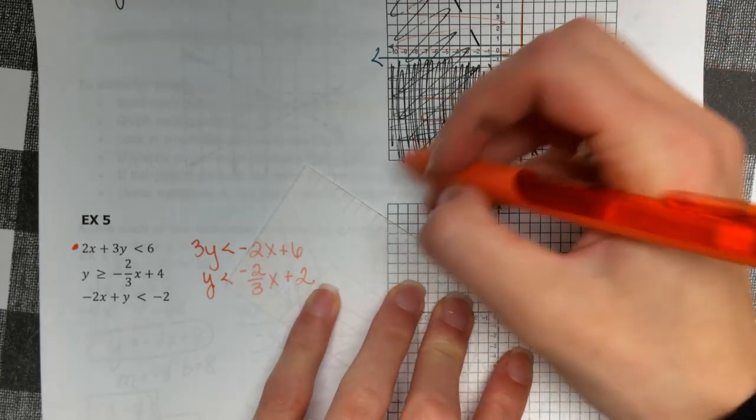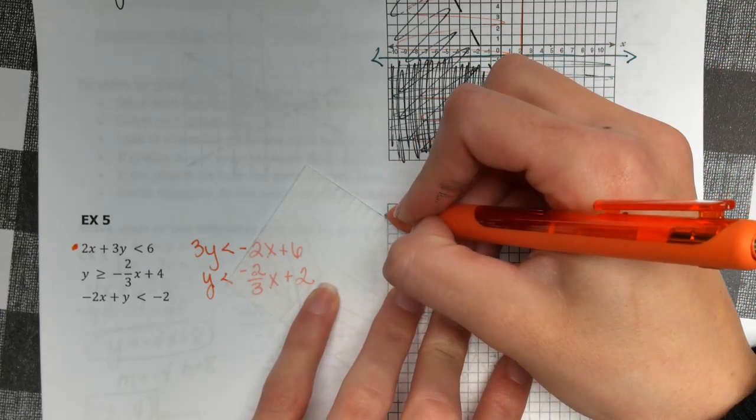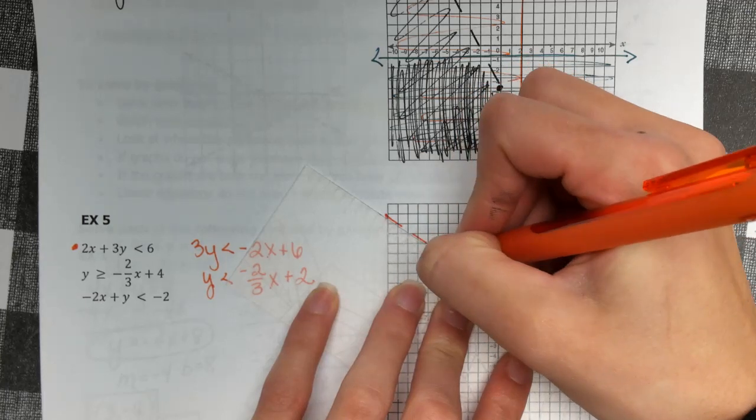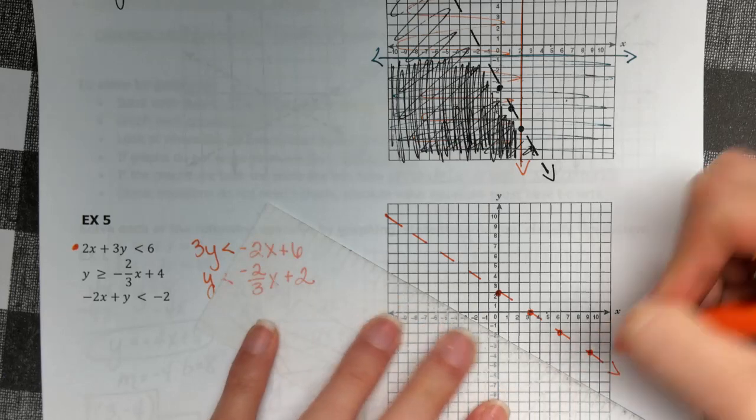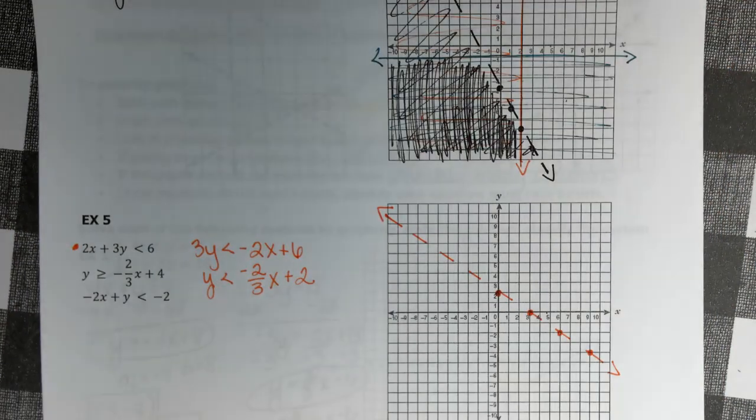Dash your line. Shade it above or below?